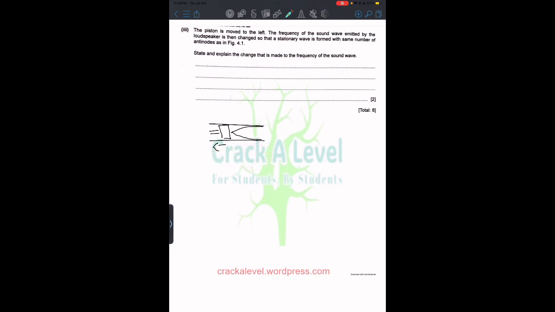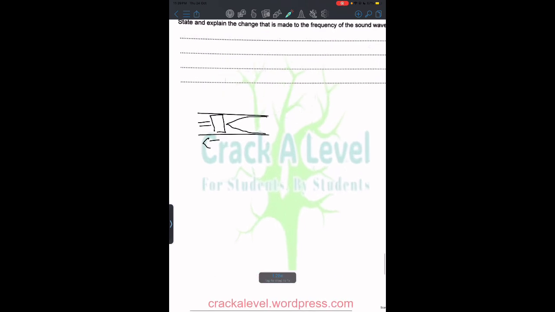Okay, but it says the frequency is changed so that the stationary wave is formed with the same number of antinodes. What it means is that initially, as the piston moved more to the left, meaning there was more area, if the frequency didn't change, perhaps there might have been more antinodes, or basically the wave is covering a greater distance, not a greater wavelength, but a greater distance.